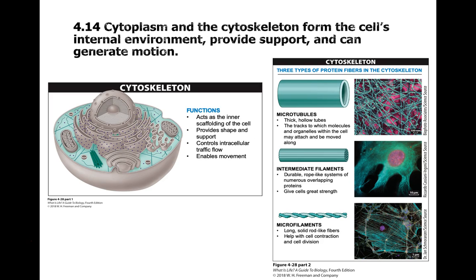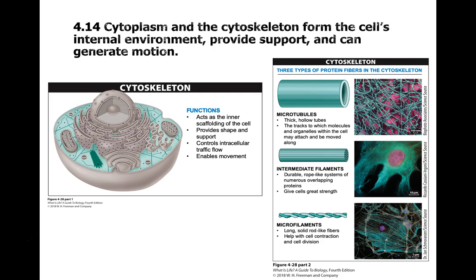So the cytoskeleton is not like our skeleton where it's always one shape. It can actually be disassembled and moved. So the tracks within the cytoplasm can be moved. The structural support for the organelles can be moved. If the cell has to move or change its shape, the cytoskeleton is moved as well.